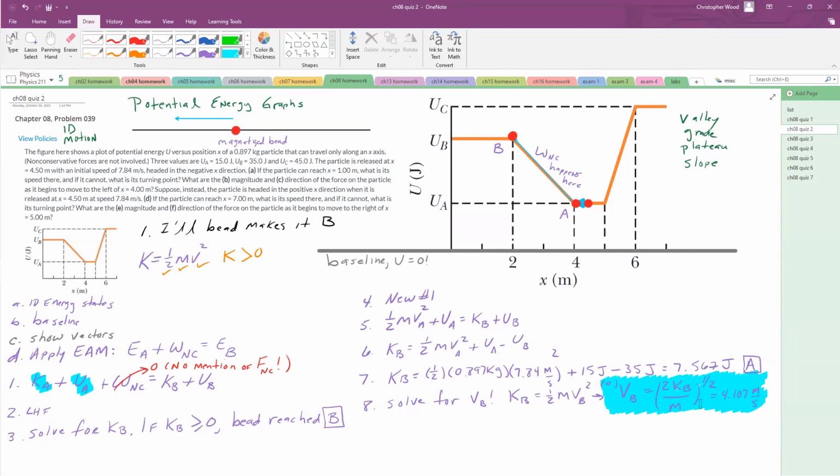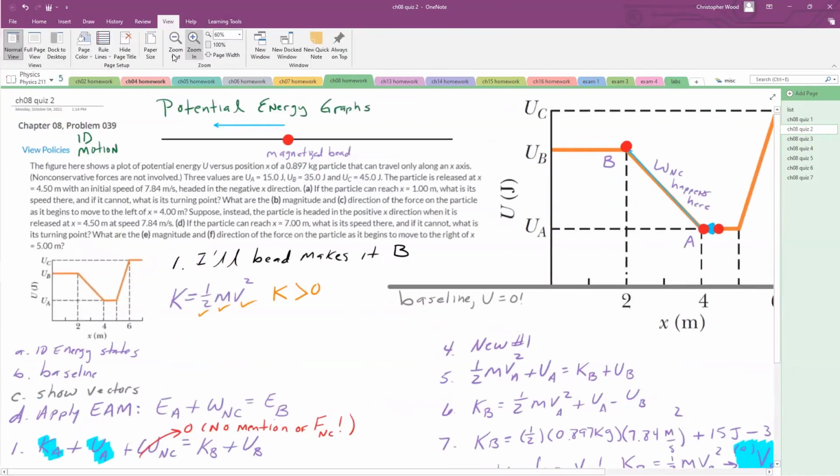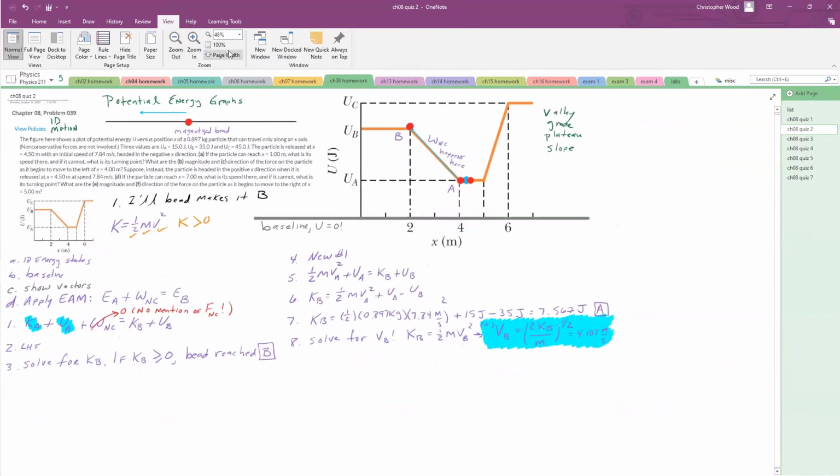Part B, that's the magnitude. What's the direction? Okay. So in your green sheets, much video time was spent talking about potential energy graphs and the relationship between potential energy, work, and forces right here.